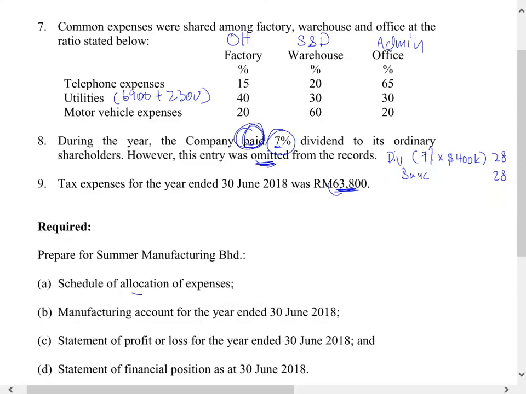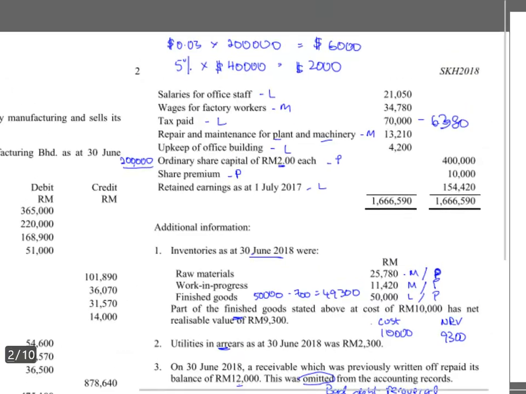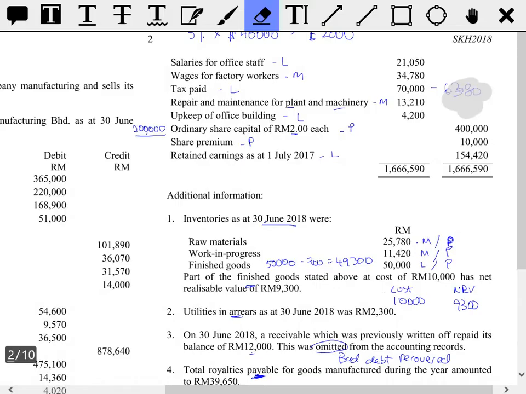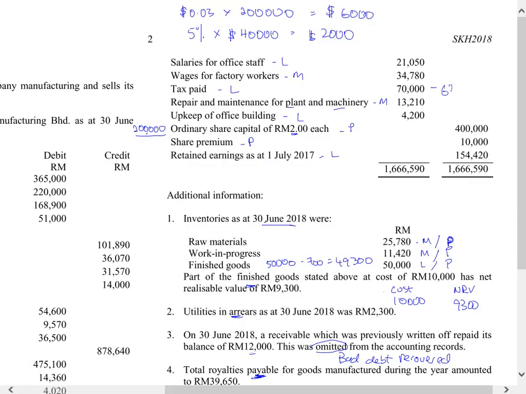You should pay 63, but you have paid 70. You have prepaid 6,002. This one will be a prepayment. Okay. And that's about it lah.